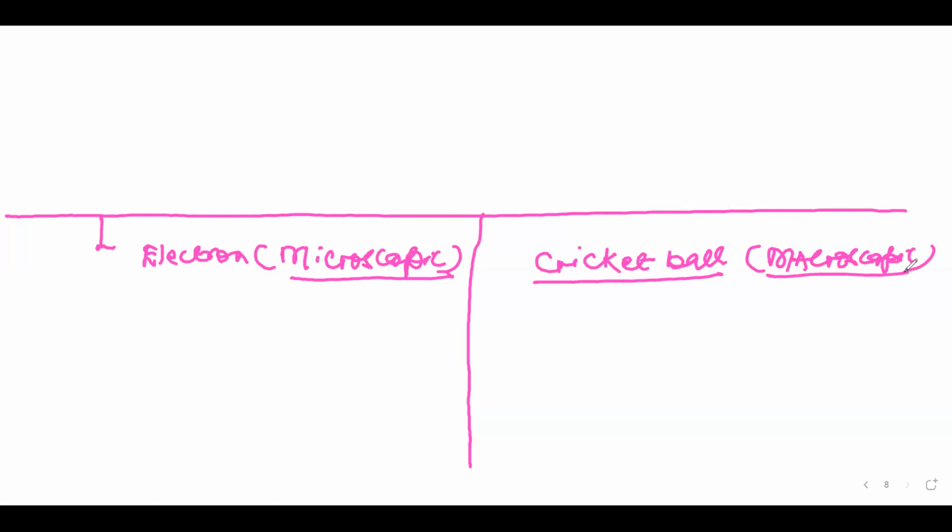Now, I'm going to calculate the wavelengths of both, right? So, suppose electron is moving with a speed of 60 meters per second. Okay or not? Okay, sir. And cricket ball is also moving with the same speed.